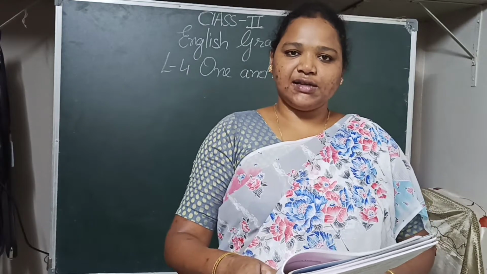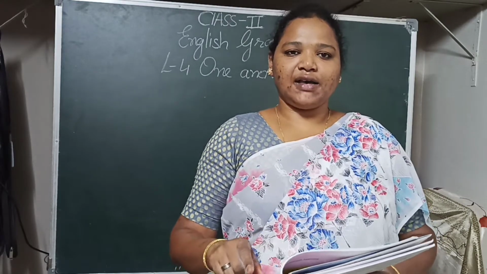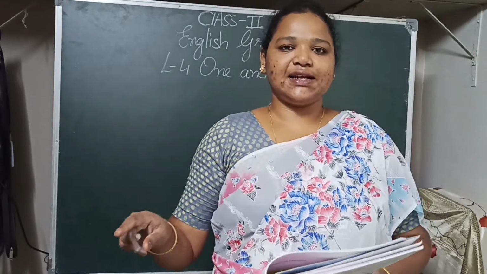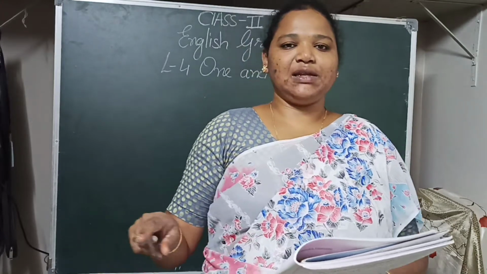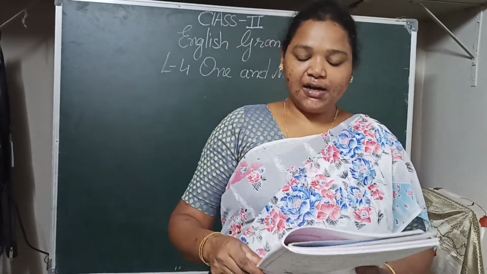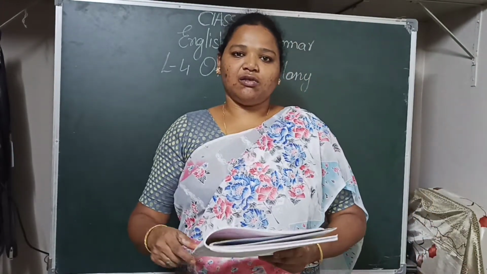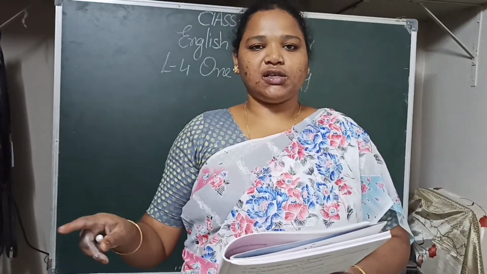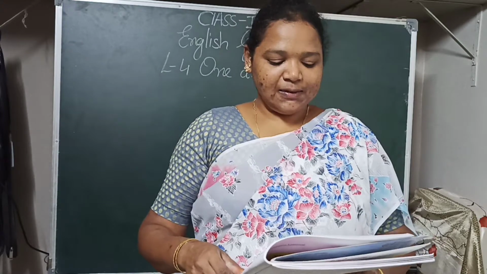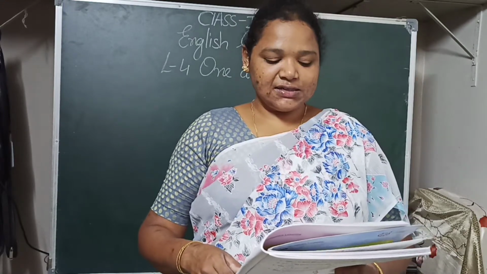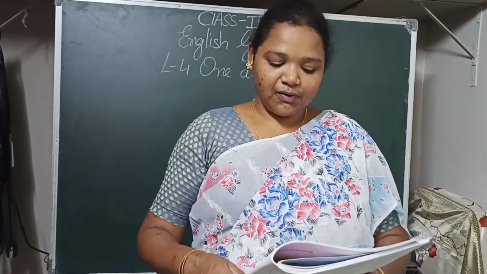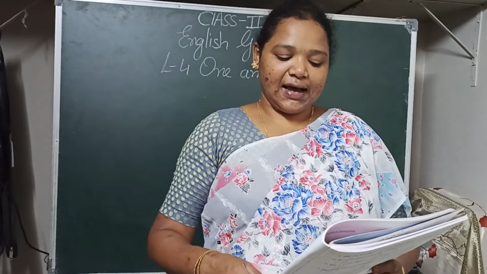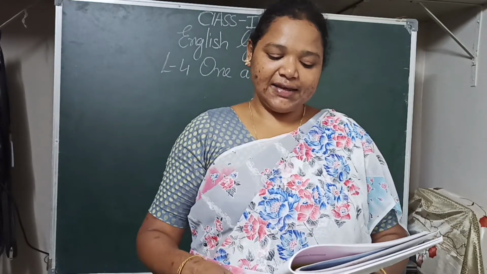Like boys, B-O-Y. So O is a vowel and the last letter is y. So we simply add s. And donkey. Again E is a vowel and y. So donkeys. Okay. Then when a noun ends with a consonant and y, we put an I in place of y and add es.